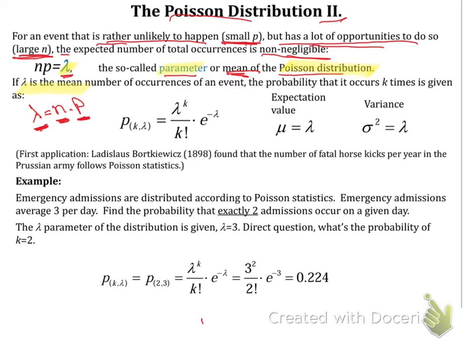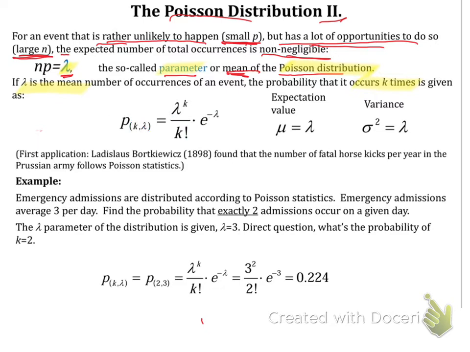Then the probability of this happening k times is given by this formula: the mean lambda to the power k, divided by k factorial, times e to the power minus lambda.